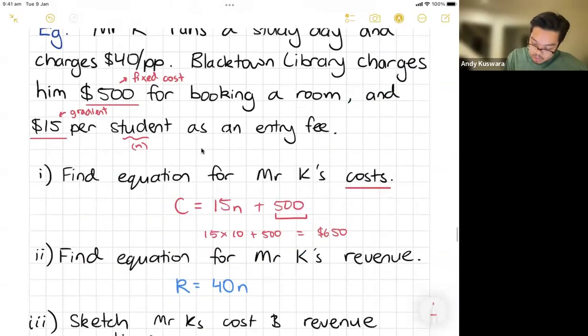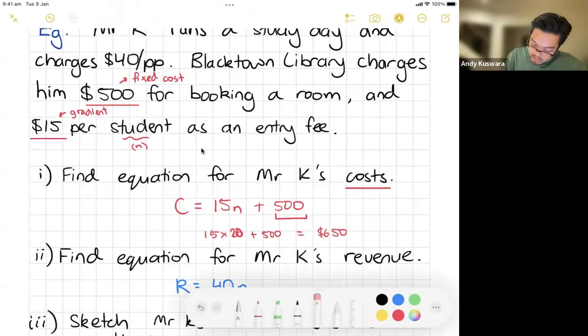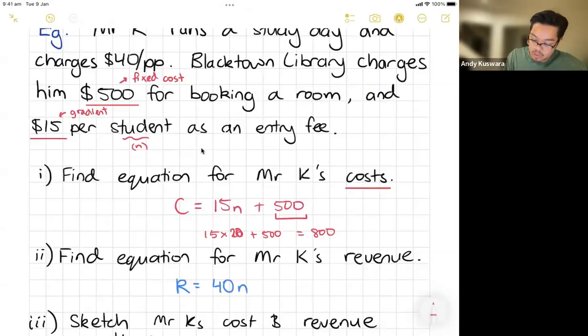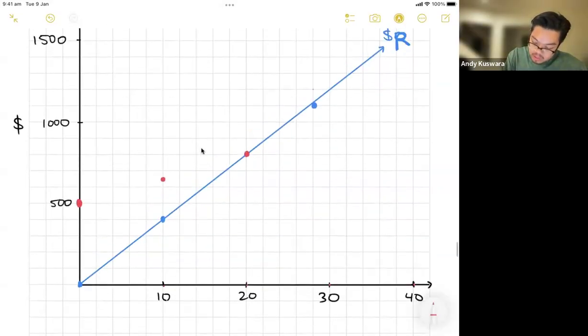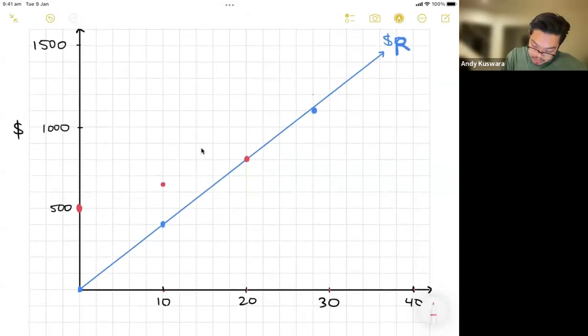If I have 20 students, that's going to be my 800. Okay, and again, this is what I'd be putting into your calculator. So 20 will be 800. Oh, look at that. That's interesting. We've got a point of intersection. And then at 40, I'm going to skip a couple. Oh, you know what? I won't skip it.